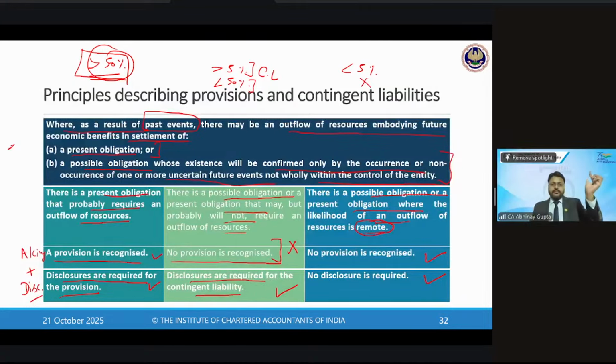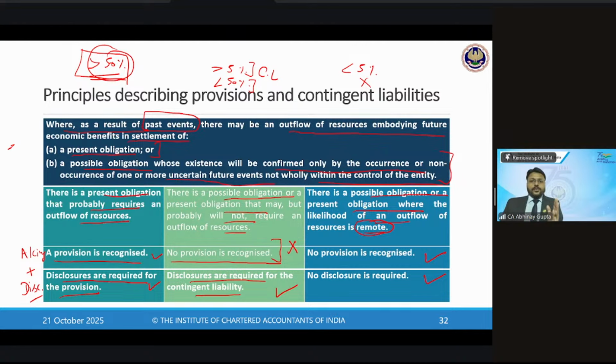So probable means more likely than not. More likely than not means more than 50%. So that's how we arrived at more than 50%. But the standard doesn't use more than 50%. The standard says probable. Probable means more likely than not, which means more than 50% mathematically.